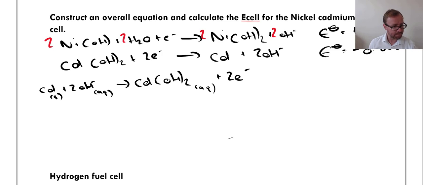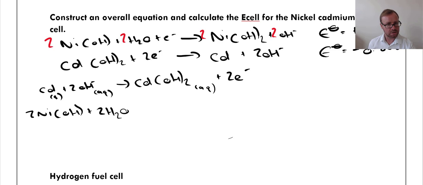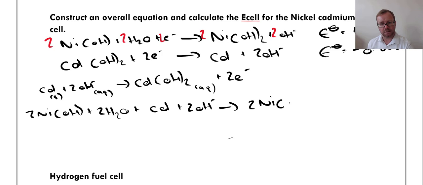So I will get 2NiOOH plus 2H2O, it's going to be a long one, plus 2 electrons, plus Cd plus 2OH minus goes to 2Ni(OH)2 plus 2OH minus plus Cd(OH)2.